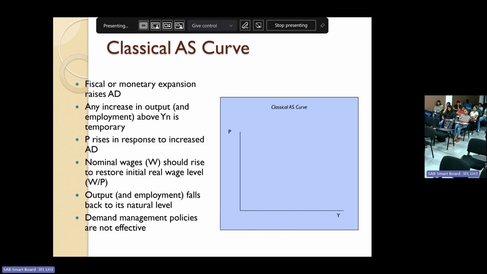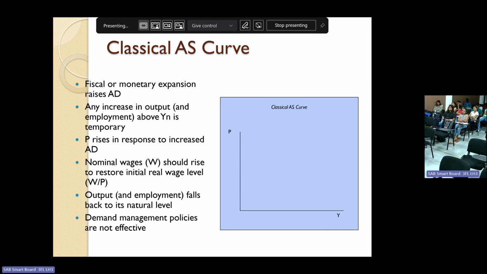This is the classical aggregate supply curve. It's vertical, because in this case, this is the aggregate demand, and this is the price and the income. So even though we change the demand, raise the demand, there will be no impact on output level or employment.